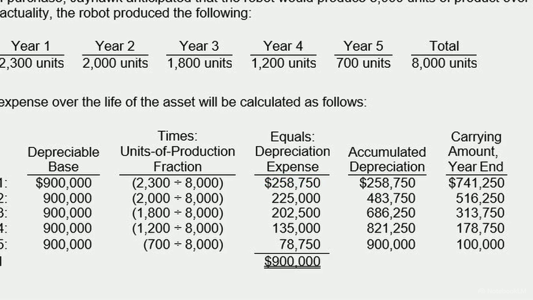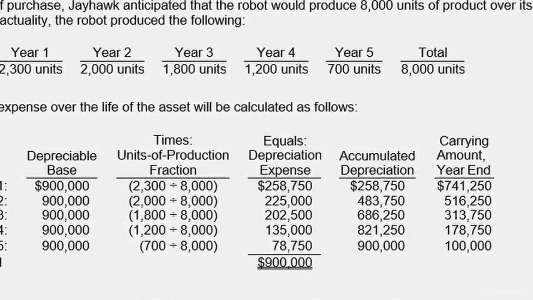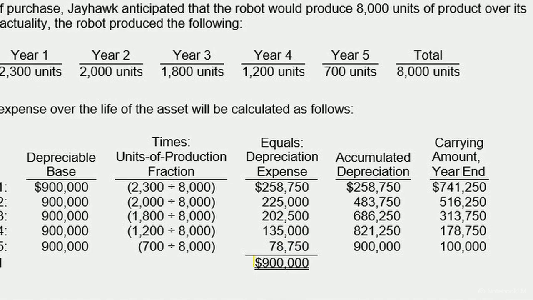But as the robot ages and production tapers off to 100 units in year 5, the associated expense shrinks drastically to $78,750. Look at the column totals. Despite the extreme year-over-year swings, the sum of all recognized expenses caps mathematically at exactly the $900,000 depreciable base.